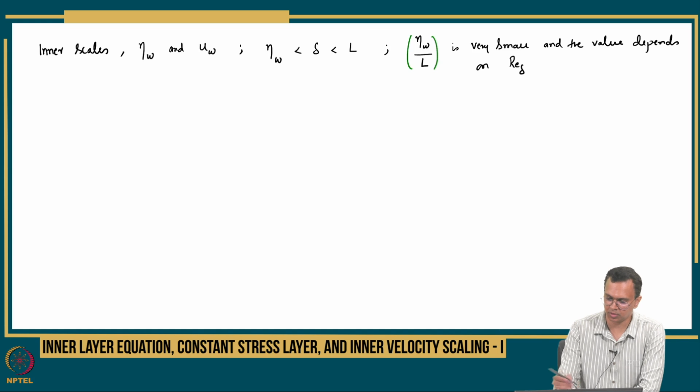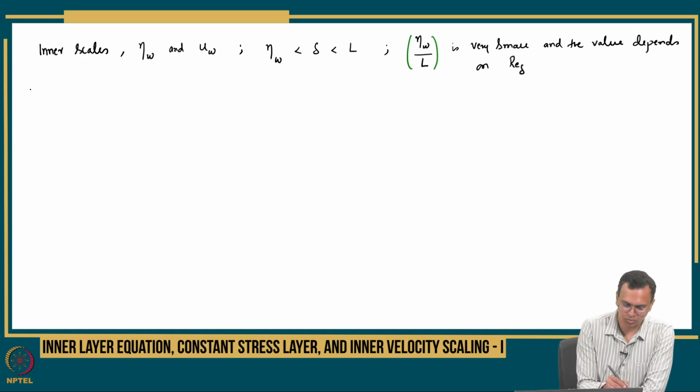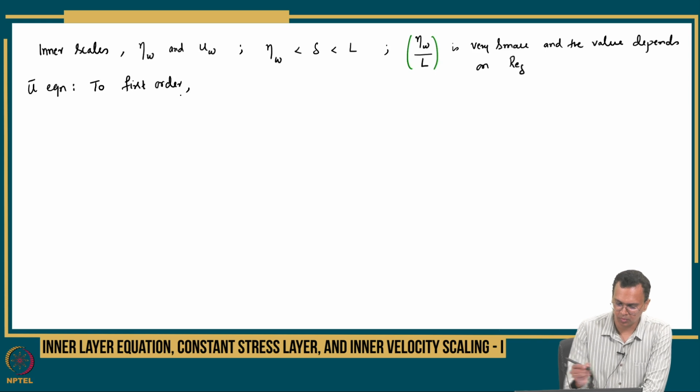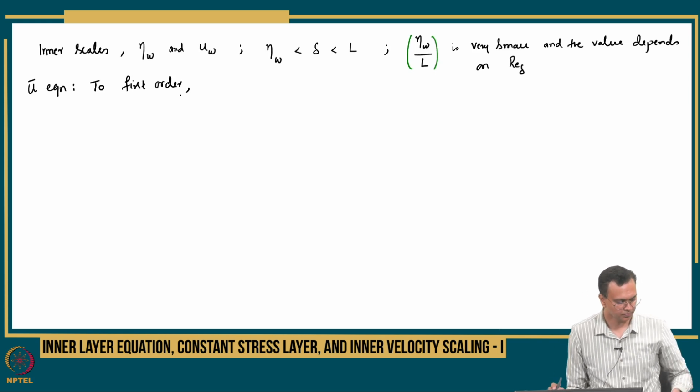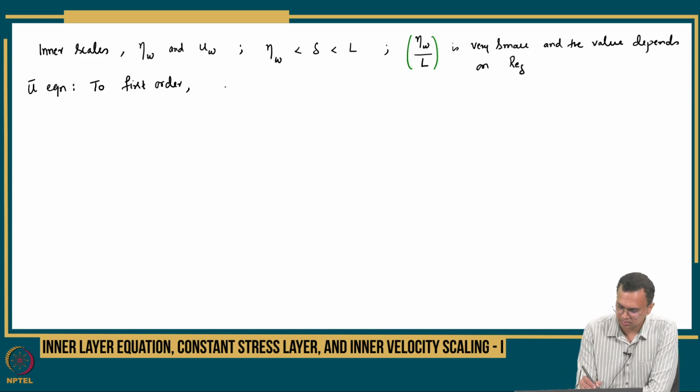So to first order, what did we learn? The u momentum equation, right, we had this u equation. To first order, what does this equation reduce to? Essentially 0 to first order, I am writing.